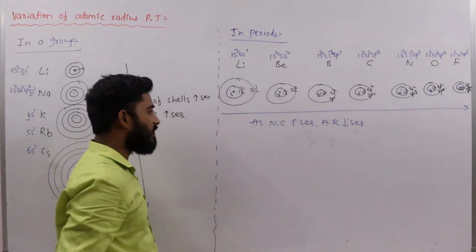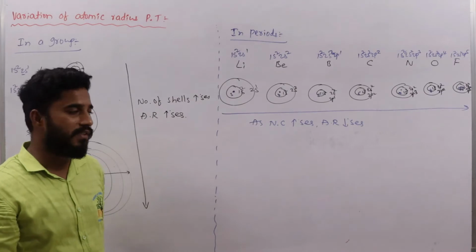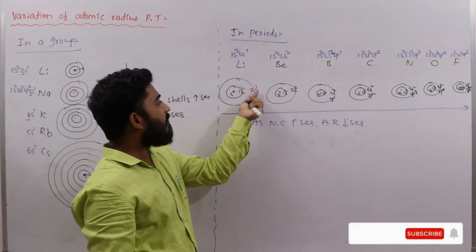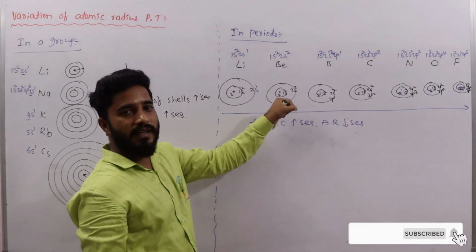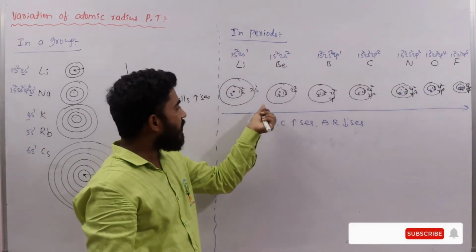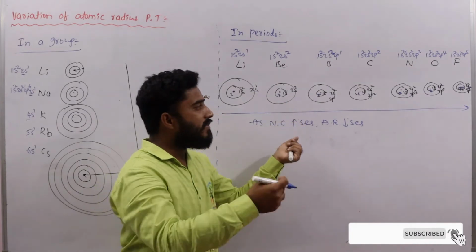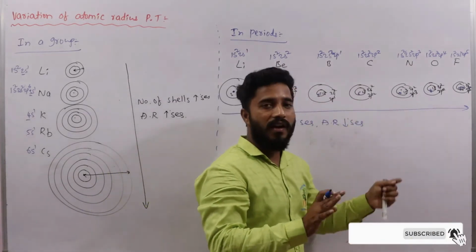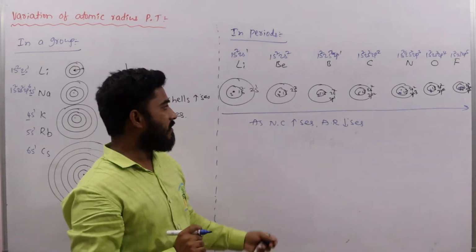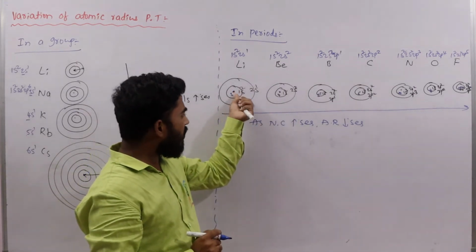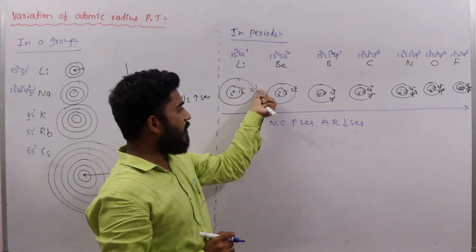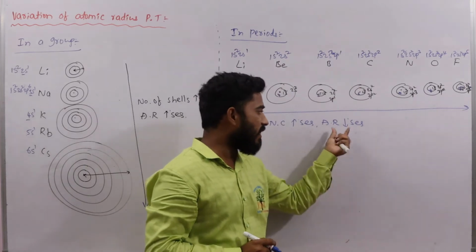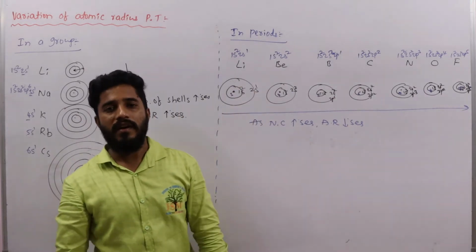Why is the nuclear charge increasing? Because the number of protons in the nucleus increases, but the electrons enter the same shell. Only in the second shell are electrons increasing, not in different shells. So the nuclear charge increases as protons increase, the size decreases, and the atomic radius also decreases.